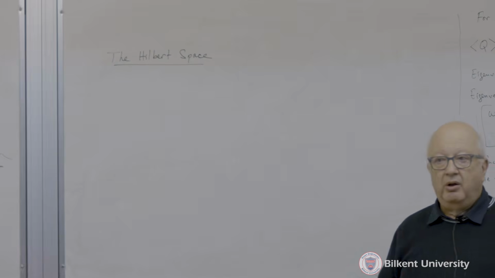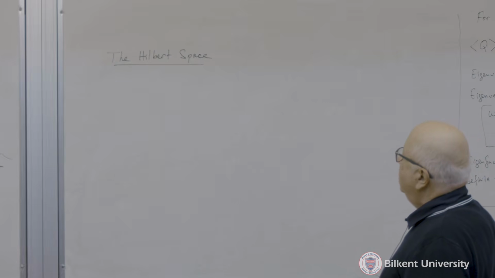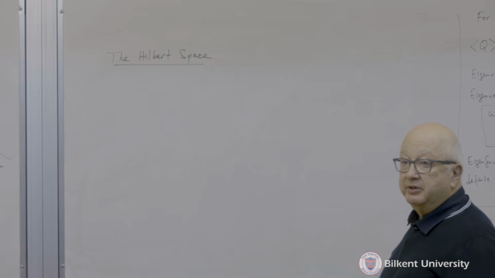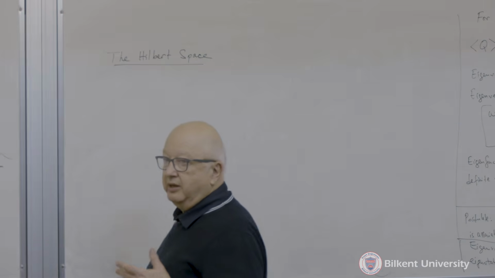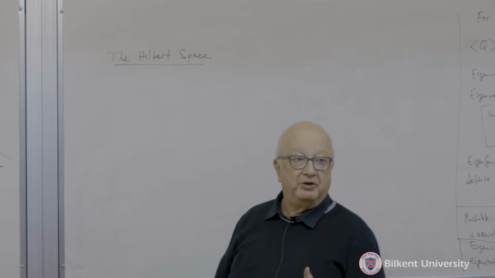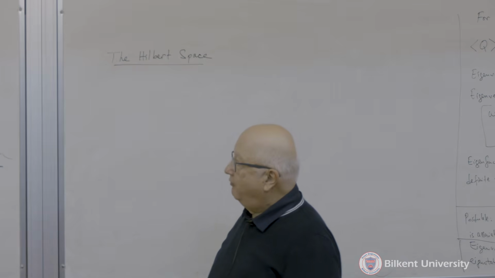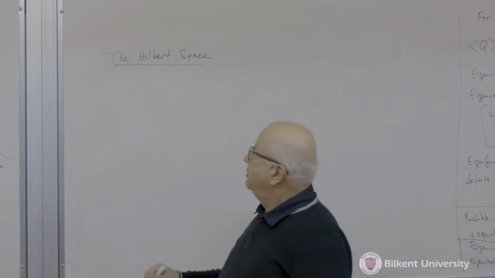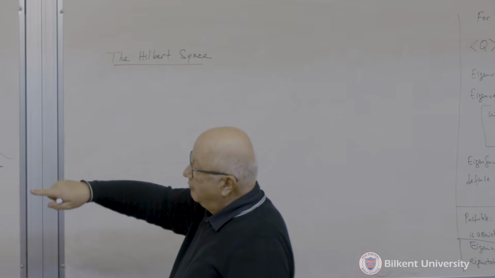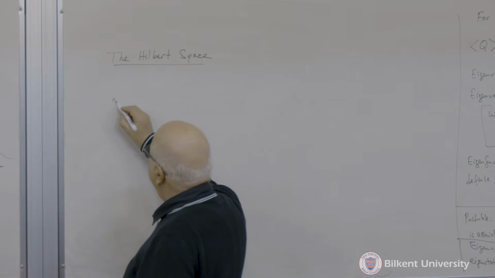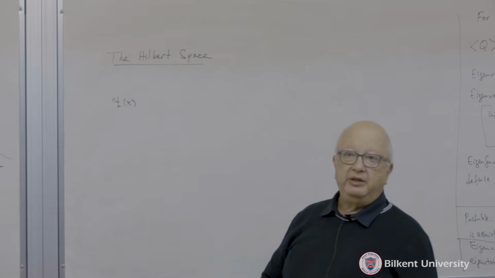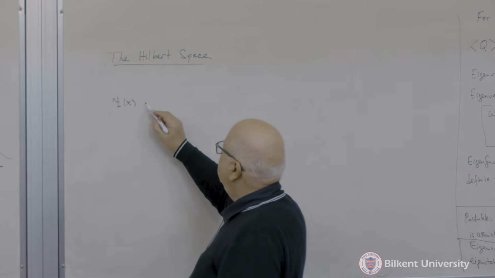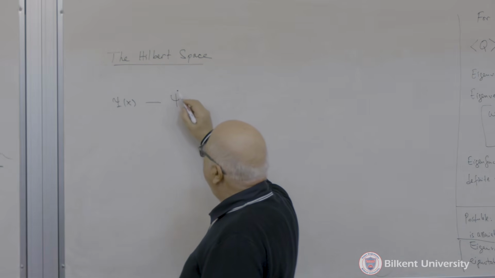All right. So we have the Hilbert space. The Hilbert space is a special type of space in which a special type of vectors live. The wave function, for example, that we have, psi of x, will associate with a Hilbert space vector.